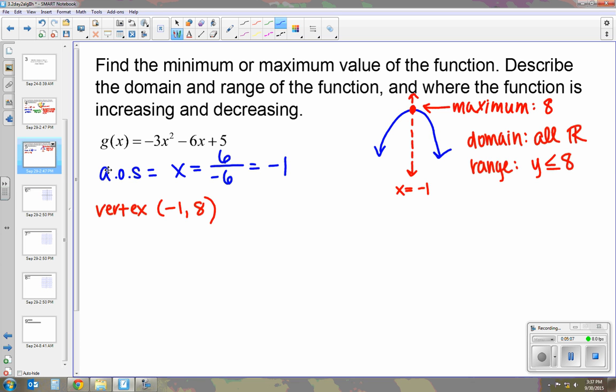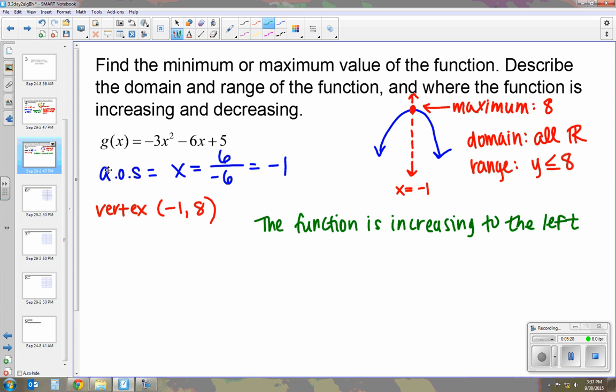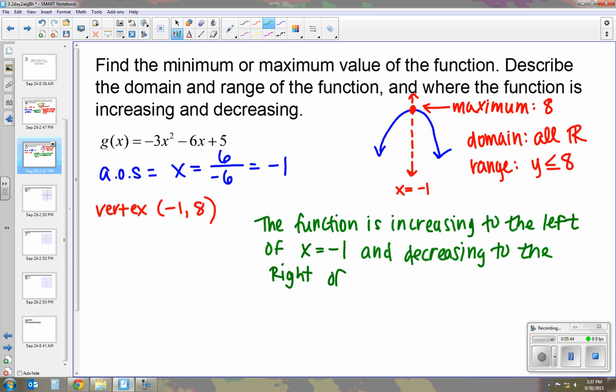And if we look at this, we read it from left to right, what we get is the function is increasing to the left of x equals -1 and decreasing to the right of x equals -1.